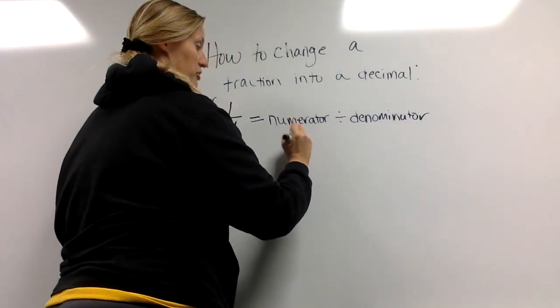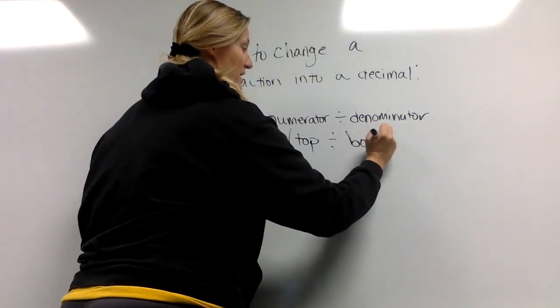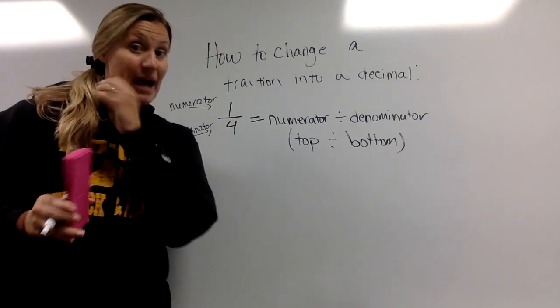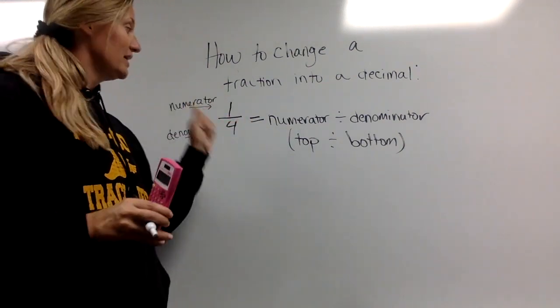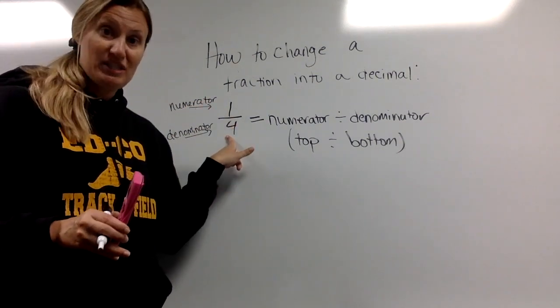In other words, you will take the top divided by the bottom. It is important to remember that it is not bigger number divided by smaller number. That's not accurate. It is simply your top number, your numerator, divided by the bottom number, the denominator.